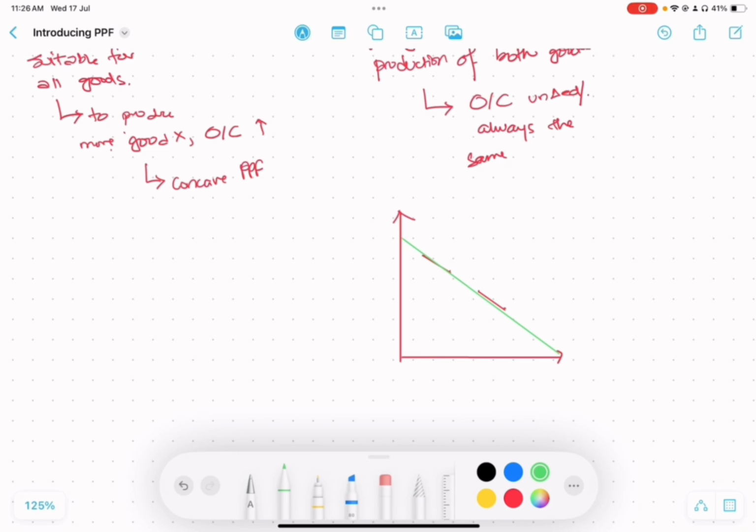The uniqueness is that here, to produce more of good X, I have to give up 1 unit of Y. But here also, same. Here also I am saying that to produce one more unit of X, I have to give up 1 unit of Y. So change in Y due to change in X, if it's 10 here, change in Y by change in X here will also be 10. So if the opportunity cost is always the same, essentially what do we have? We get a linear PPF.